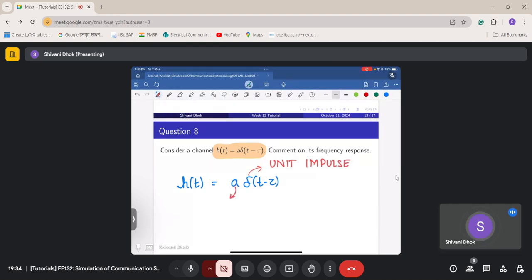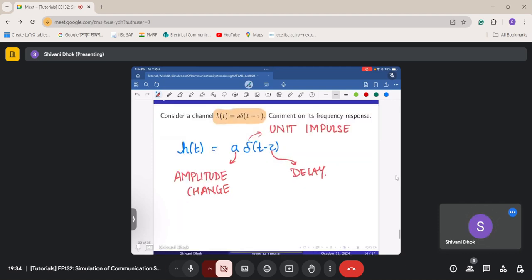This A is the amplitude change, and this tau is the delay. Since it has only one amplitude change and one delay, such a channel is known as a single tap channel.